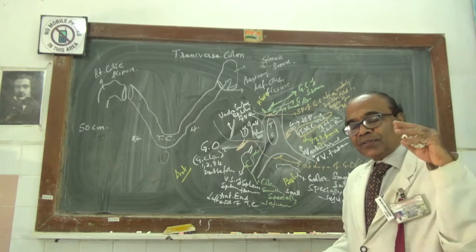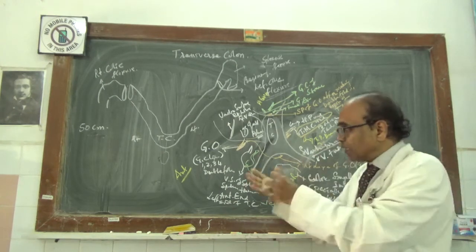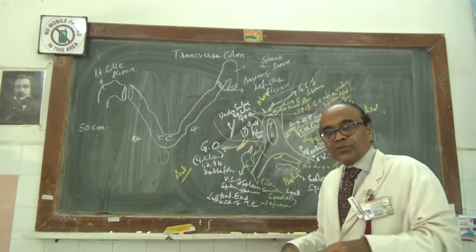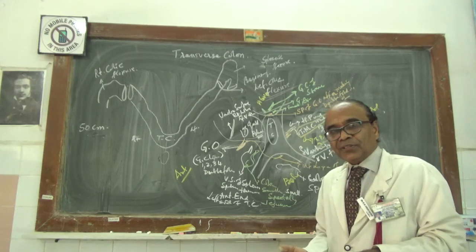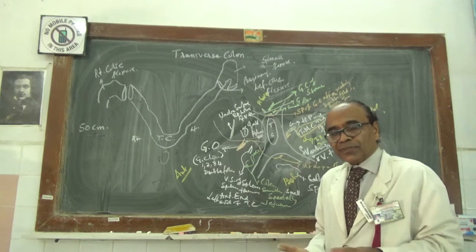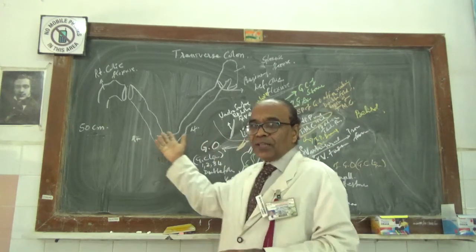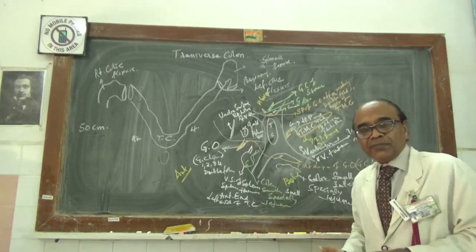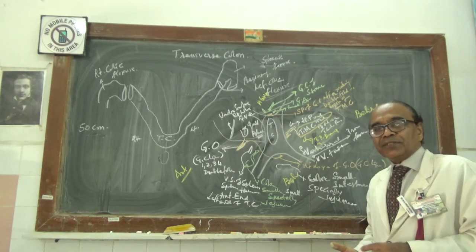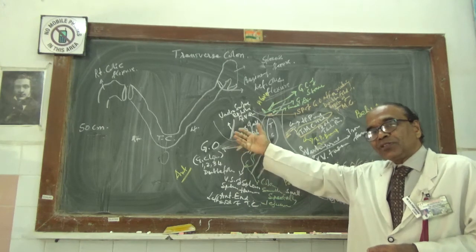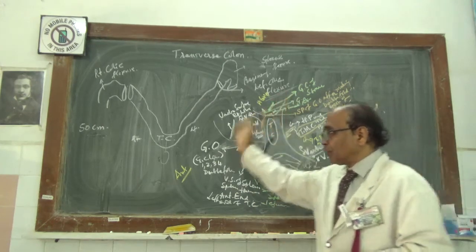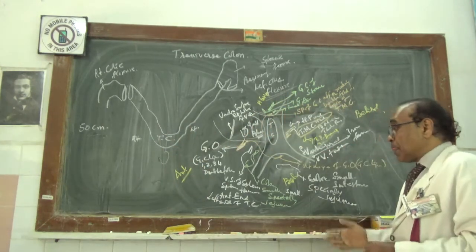Parasympathetic vagus, left and right, comes and joins the sympathetic ganglion, giving rise to the colonic plexuses, especially the transverse colon, and it will be supplied by means of the sympathetic and parasympathetic, or rather what we say as the autonomic nervous system or craniospinal. So this is the nerve supply.